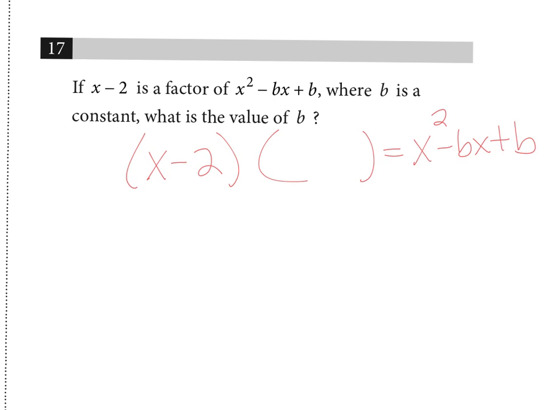So the question is, what should be the value of b? What should be this value right here, so that x minus 2 times something equals that? So any suggestions? See, these two numbers are supposed to be the same. The b and the b.